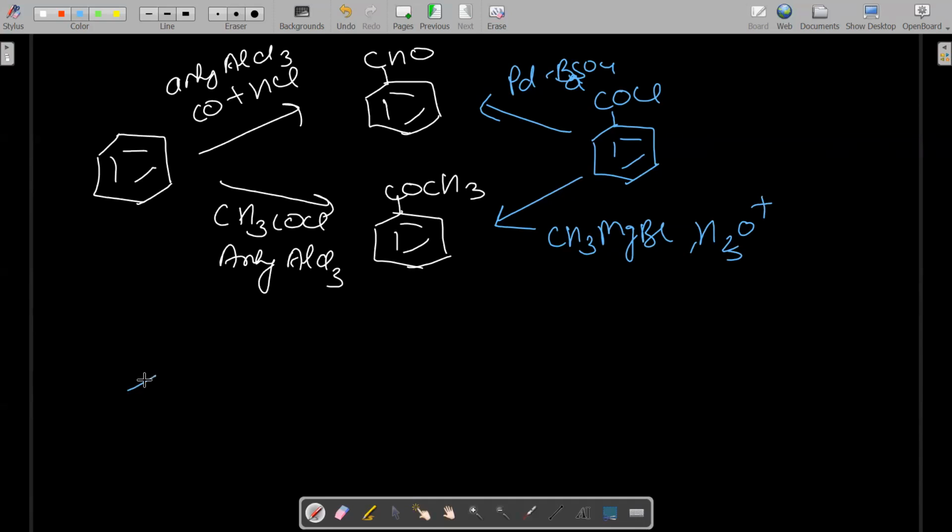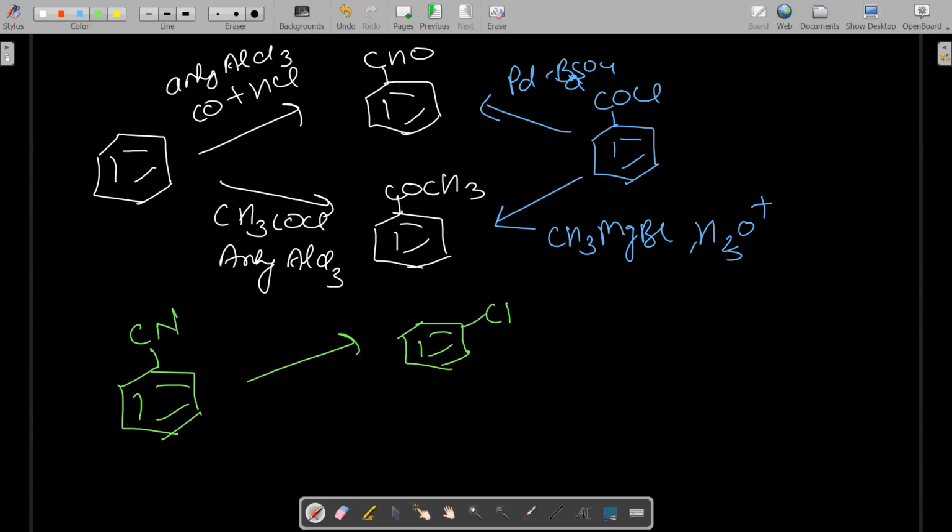If I ask from cyanide to benzaldehyde, and cyanide to acetophenone, what reagent will be required over here?